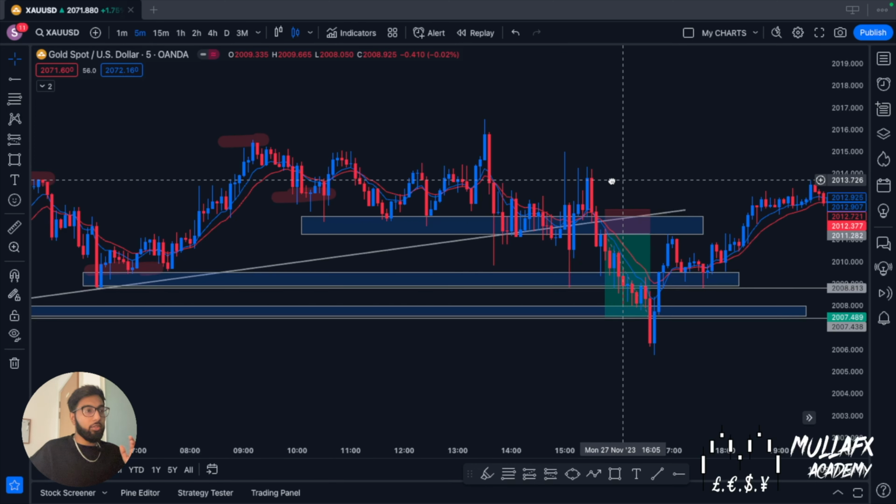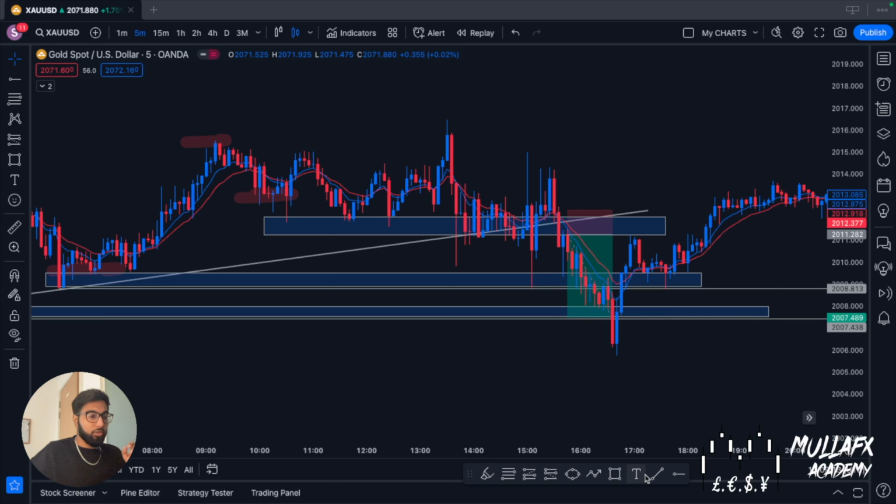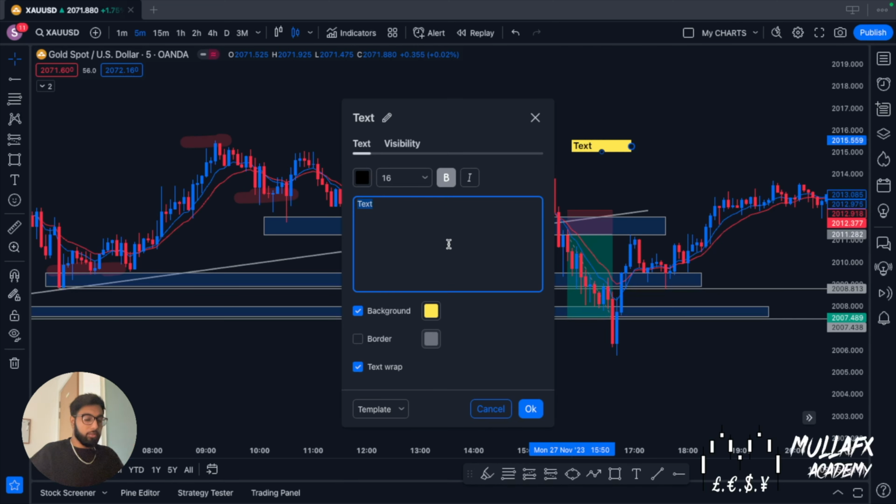Now, confluences. If I just draw a text box, because I know you guys need to have confluences in your trade. First confluence is break of trend line. Second confluence is a moving average retest. Third confluence, we had a strong bearish candlestick.